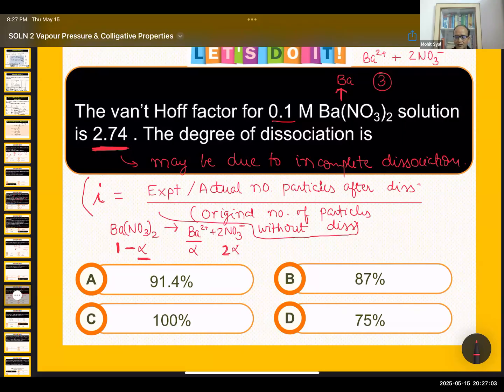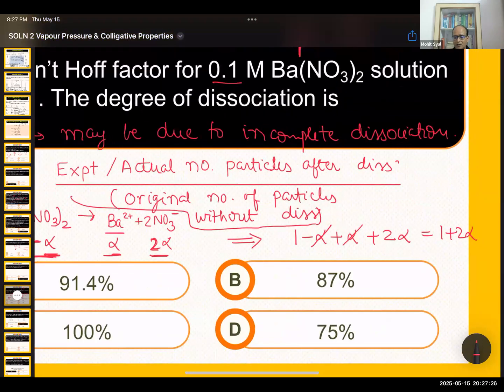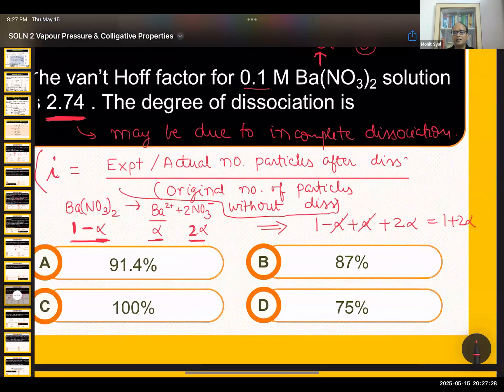Is it clear? So the final number of particles left: 1 minus alpha, this will be alpha and this will be 2 alpha. Total number of particles will be 1 minus alpha plus alpha plus 2 alpha. Got it? It is 1 plus 2 alpha. Marwa, is it clear or not? Aisha, is it clear?